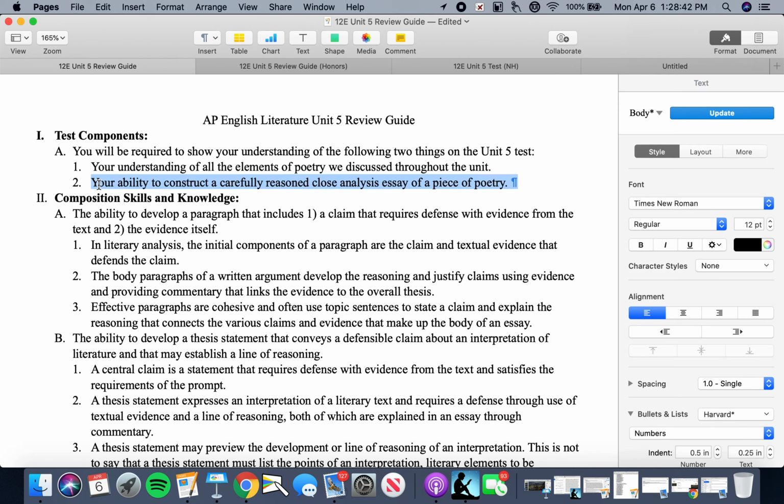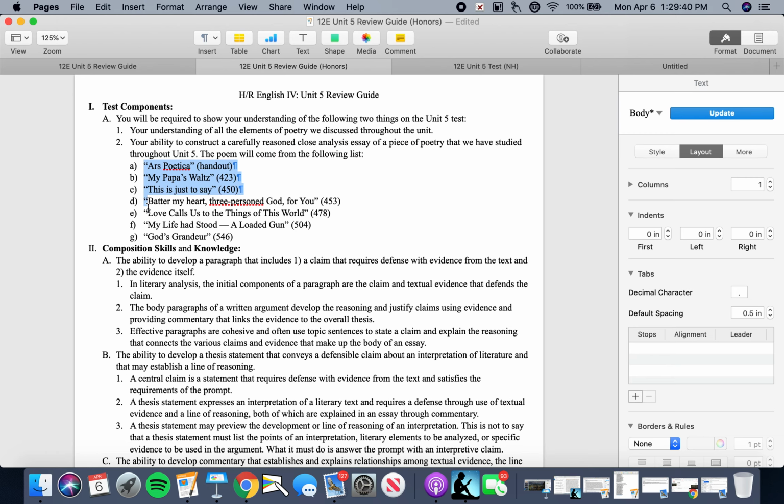All right, the Honors English 4 review guide is very similar. There are going to be two major components of the Honors test as well. It's going to be a series of short answer questions, and then one close poetic analysis essay. Your poem will come from one poem on this list.